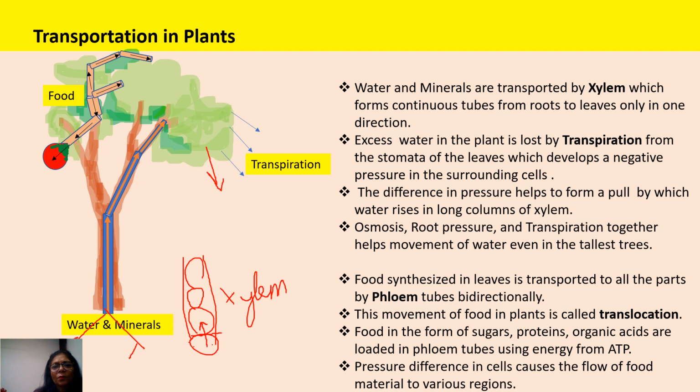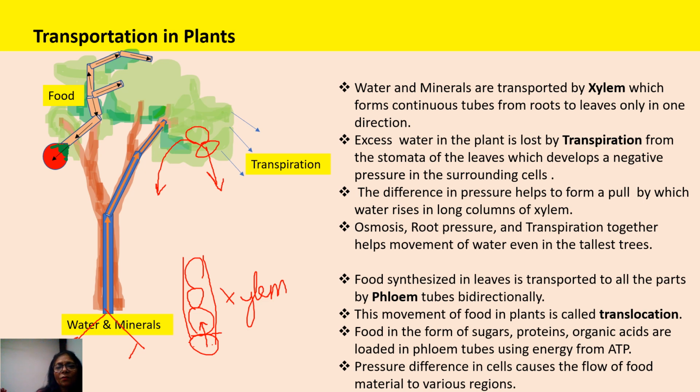This water is lost from stomata in the form of vapors. When the water is lost, this cell develops a low pressure compared to the next cell. So there is a transpiration pull which is maintained in this column of xylem.